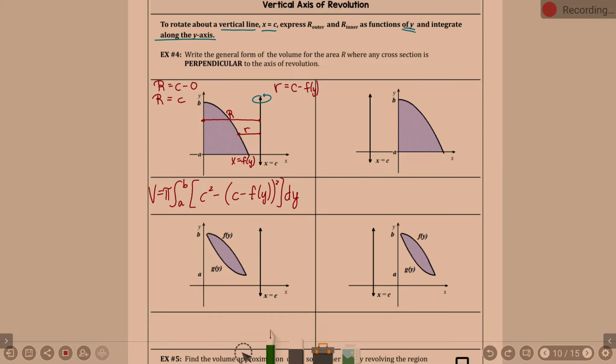Okay, so notice we're rotating around x equals c, so our rotation is over here this time. We need to talk big R and little r.